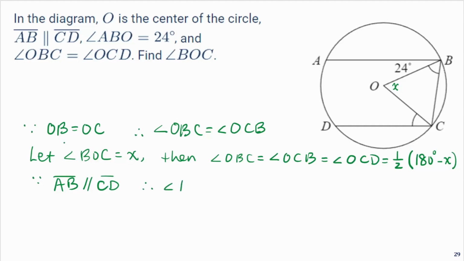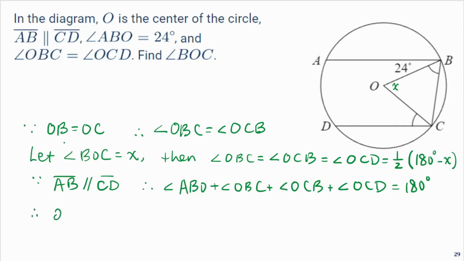we have angle ABO plus angle OBC plus angle OCB plus angle OCD equals 180 degrees, right? And therefore 24 degrees plus 3 halves of 180 minus x equals 180 degrees.